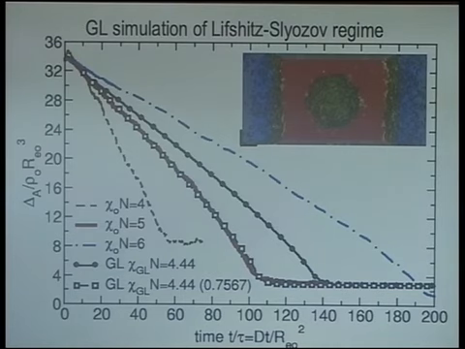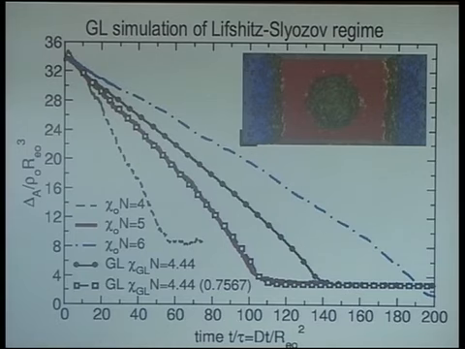What is plotted here is the volume of that droplet versus time, and the time becomes larger and larger. What is shown in these 3 different colors are direct simulations of the process for different incompatibilities: a weak, an intermediate, and a strong incompatibility. And what you see is that the higher the incompatibility, the longer it takes.